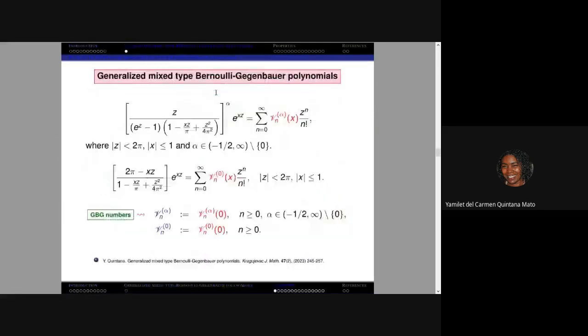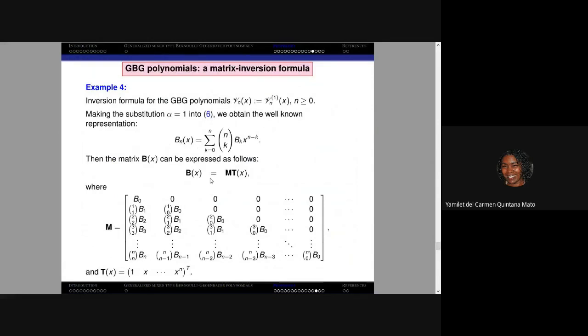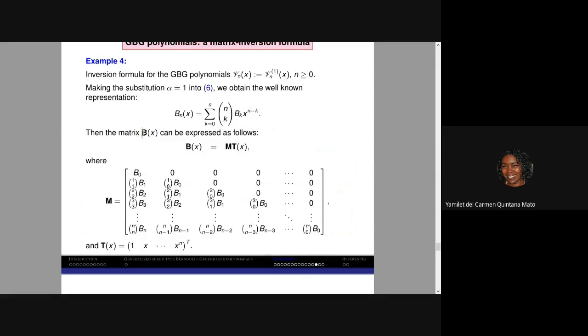So, using this expression, we obtain that the matrix Bx can be expressed as this product of matrices, where M is given by a lower triangular matrix, where the diagonal of this M matrix is precisely the Bernoulli numbers, Bernoulli's number B0, and so on.